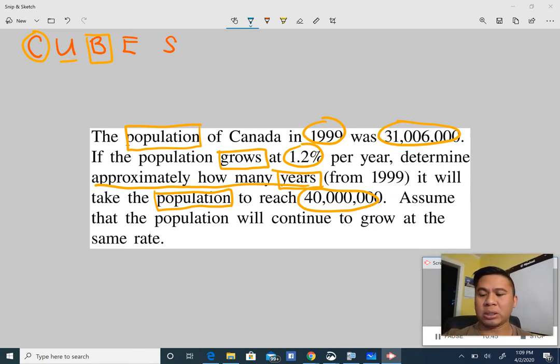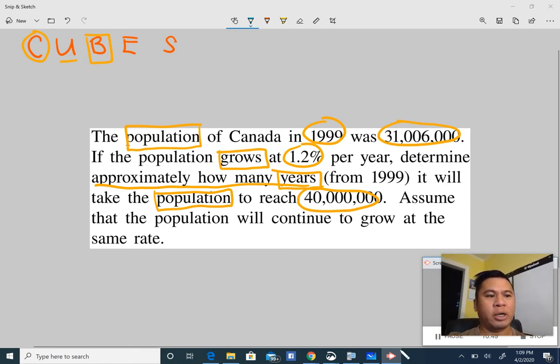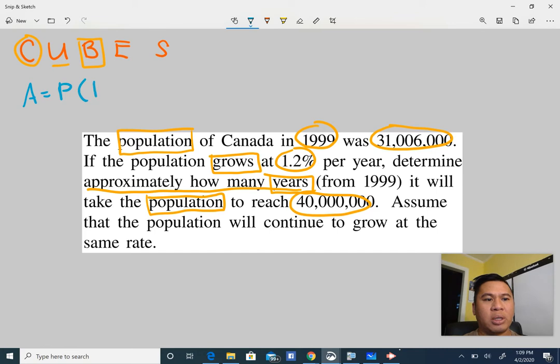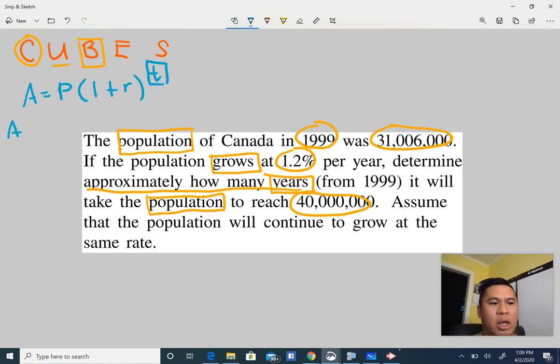So once again, this is population growth. In this case, we're going to use our formula: A is equal to P, parenthesis 1 plus R, raised to the T power. And once again, we're looking for the time. So our A is 40 million.